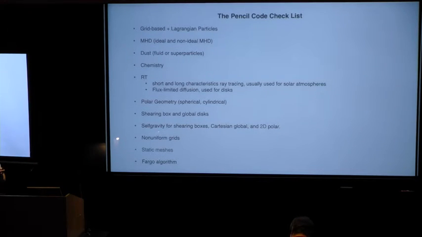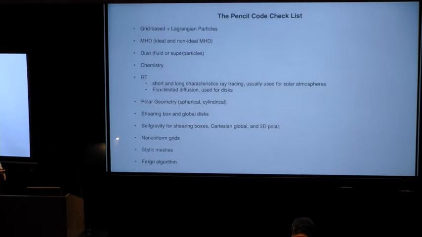People that use it for the Sun like to use short and long characteristics. The code has that. In disks, we use more FLD. You can do that in either Cartesian, cylindrical, or spherical. It has been implemented both for the shearing box and global disks.